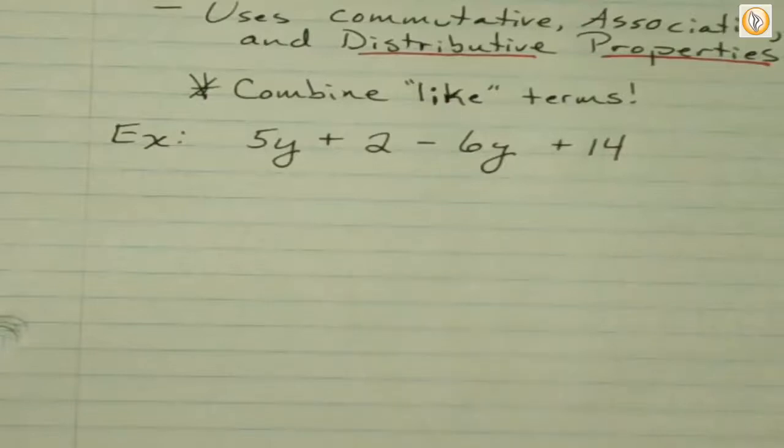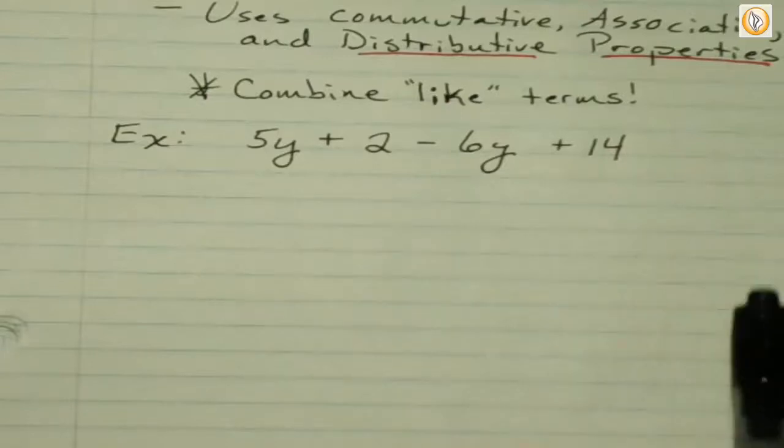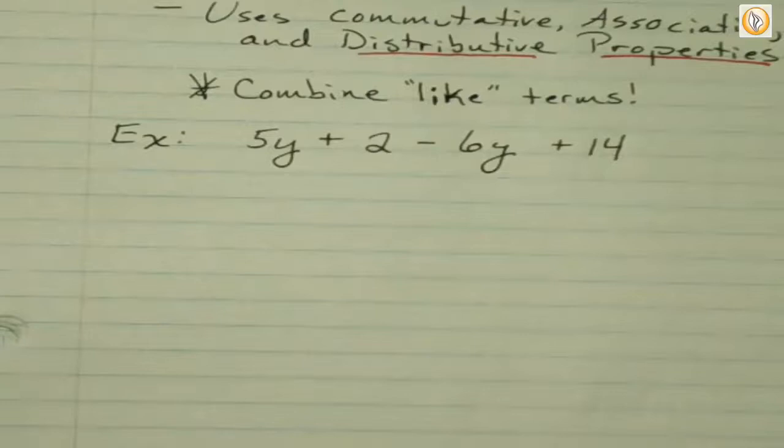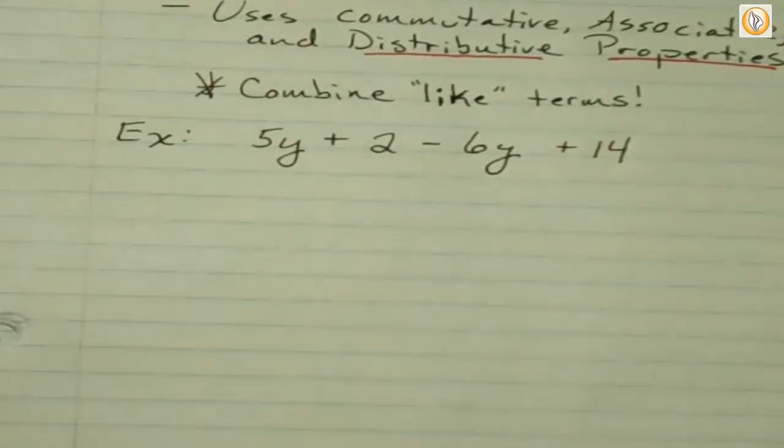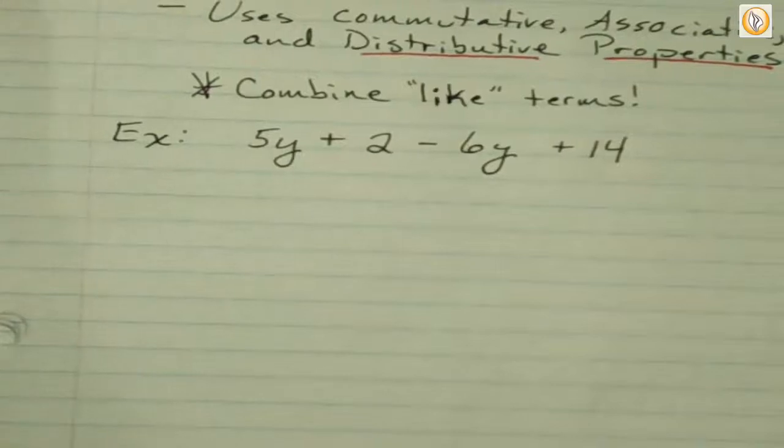Y equals something, right? But if you don't have an equal sign, all you're doing is combining like terms. That's it. You won't have something equals something. So keep in mind, that's the only thing y'all really have to work on, because some of your problems are going to have equal signs, and you've got to remember we're solving for the letter, the variable, intruder alert. And then some don't have any equal signs at all, but we're combining like terms.